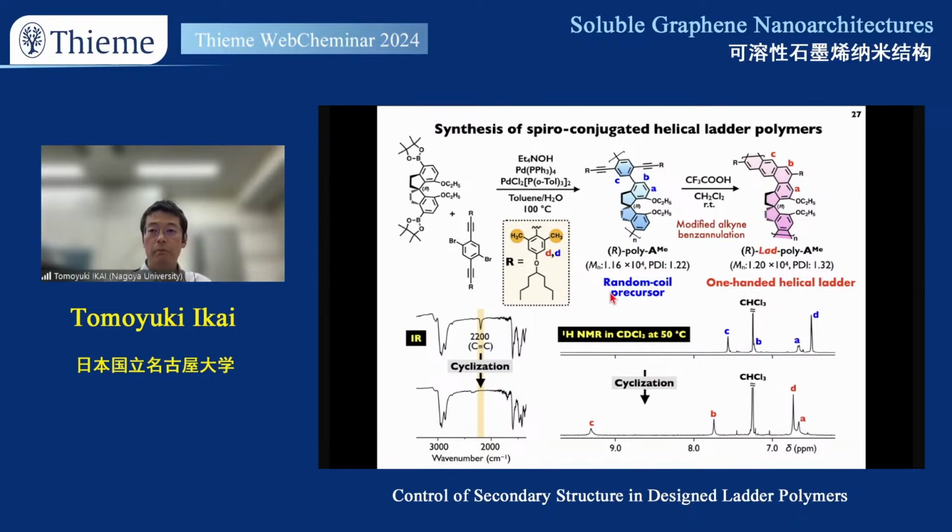The obtained polymer was then treated with this acid to transform the random coil precursor into a one-handed helical polymer. After the reaction, the CC triple bond in the precursor polymer was completely consumed, as confirmed by the IR analysis.